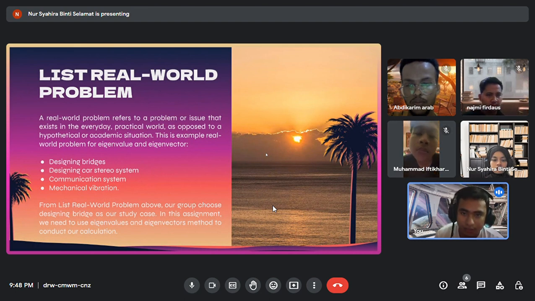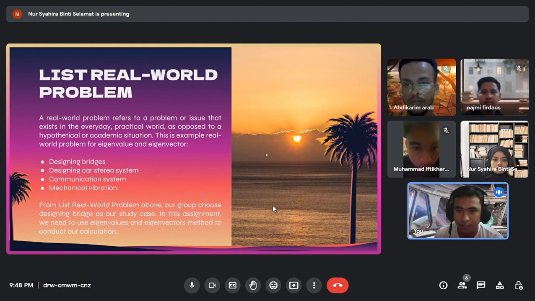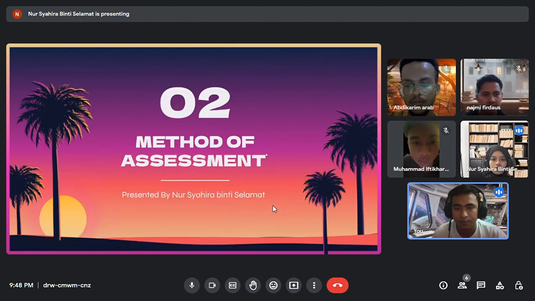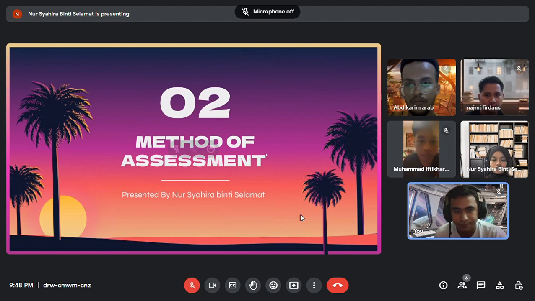Examples of real world problems for eigenvalue and eigenvector are designing a bridge, designing a car stereo system, communication systems, and mechanical vibration. From the list above, our group chose designing a bridge as our study case. In this assignment, we need to use the eigenvalue and eigenvector method to conduct our calculation. So I will pass to Syhira.